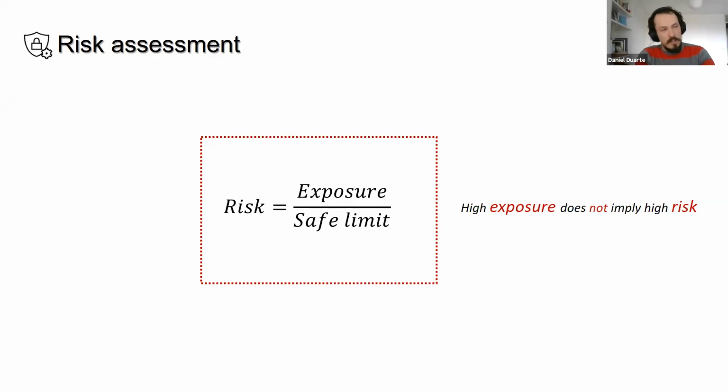With that you can get the risk. So far Volker and Gunnar have focused on the concentrations, which are, again, a very essential piece of the puzzle. But high exposure does not immediately imply that there's a concerning risk.